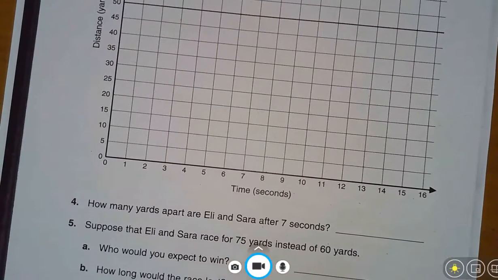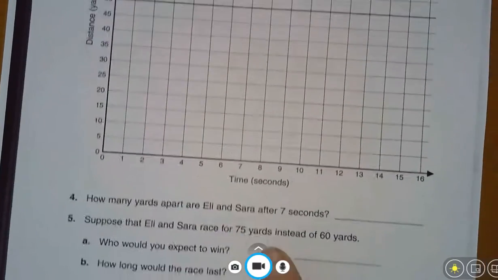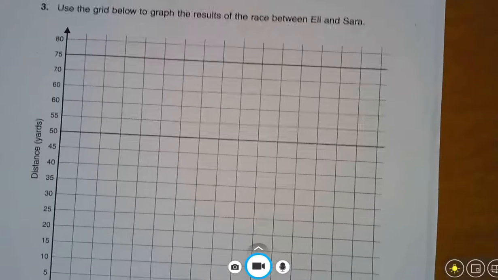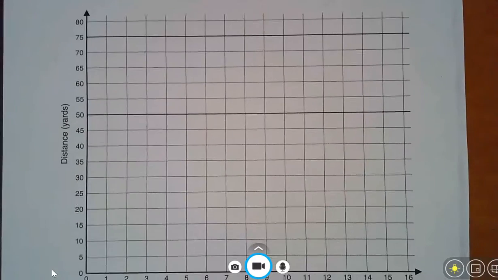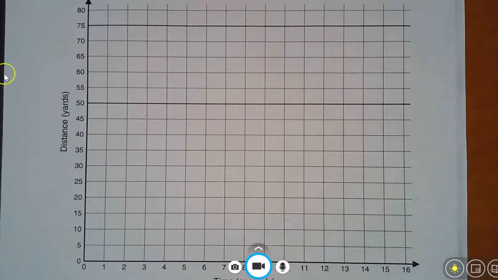Suppose Eli and Sarah had to race for 75 instead of 60 yards. So this graph, see how it allows you to extend it out to 70? If I think about Eli, he was increasing by 5 each second.